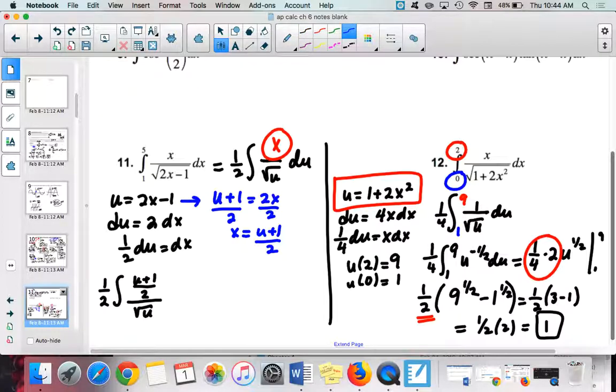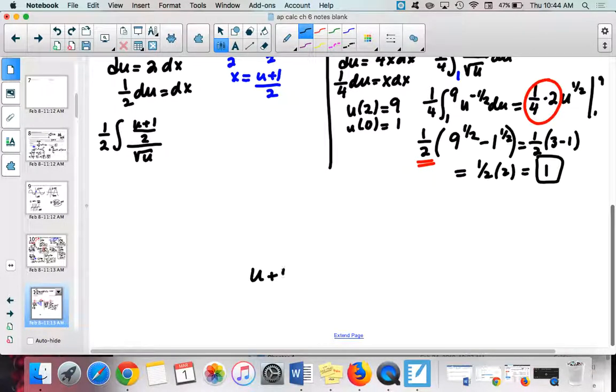Okay, so before we do that, how about our limits of integration? Our 1 now becomes 1 still, and our 5 is now 9. So it goes from 1 to 9. All right, so let's simplify this. Think about if you have u plus 1 over 2 divided by the square root of u.